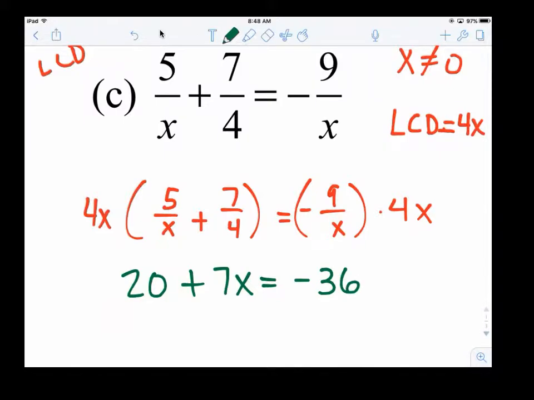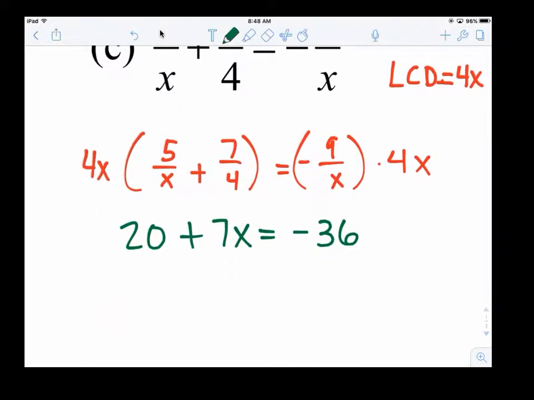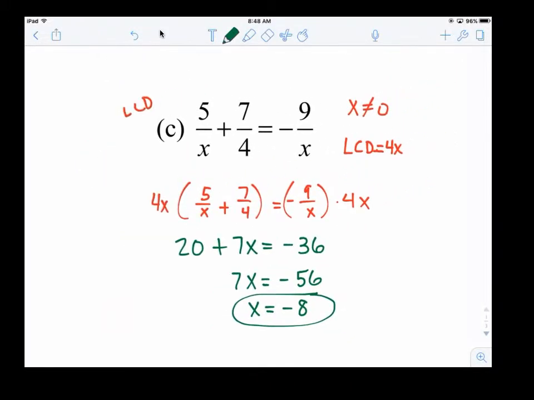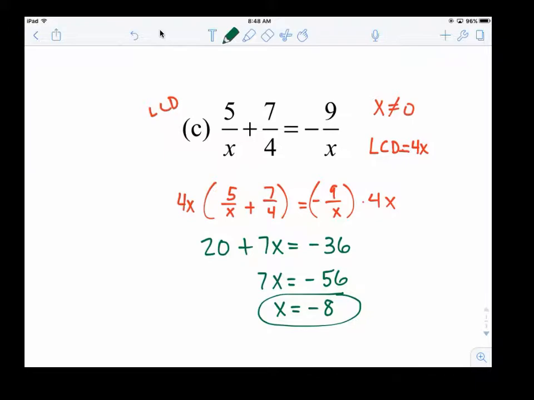Right, good. So if you subtract your 20, you get negative 56. So then x is negative 8. And that is not one of our restrictions, so we're good.